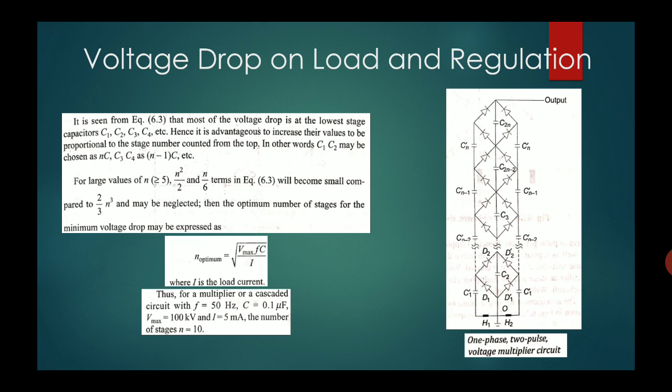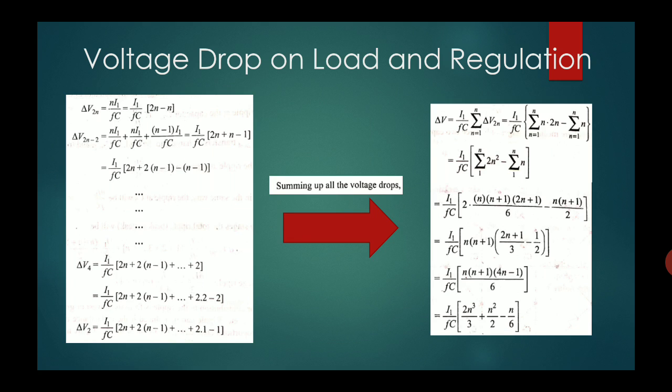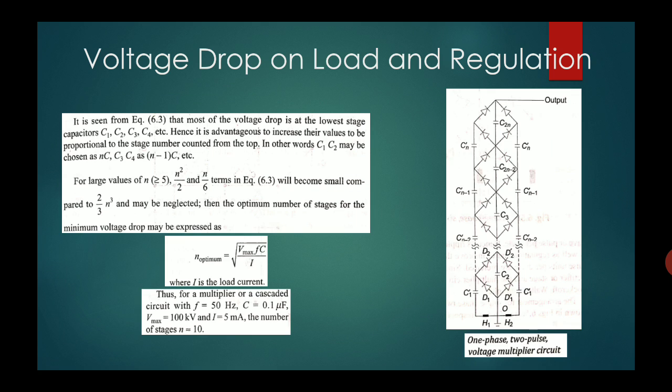So for large values of n, that is more than 5, the n square by 2 and n by 6 terms in 6.3, that is the previous equation, will become small compared to 2/3 n cube and can be neglected.